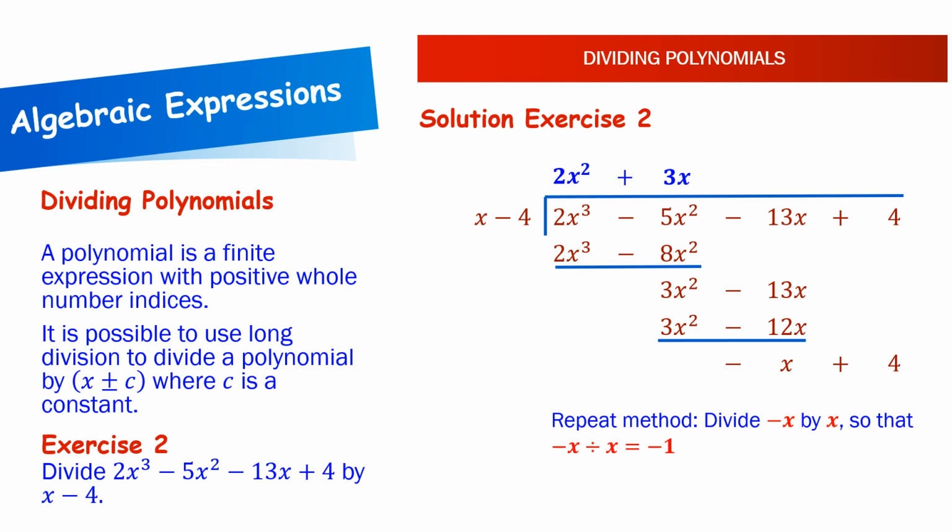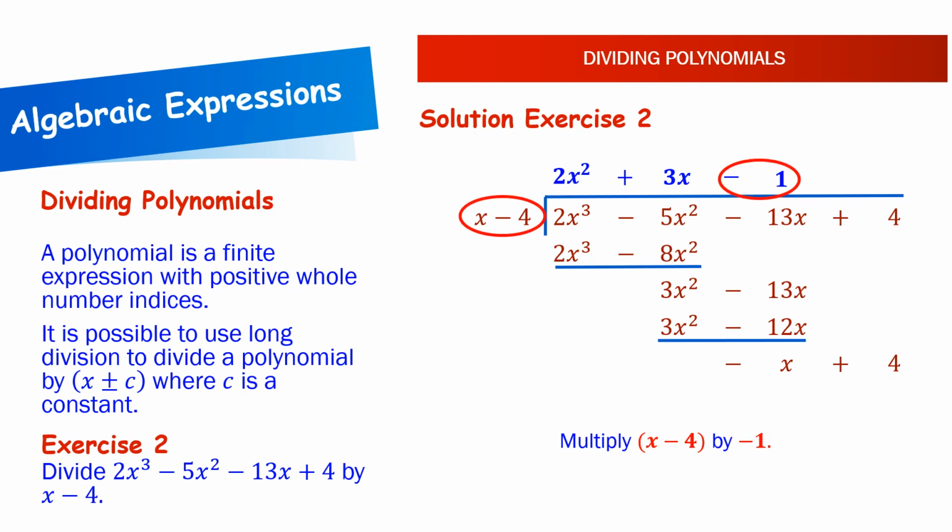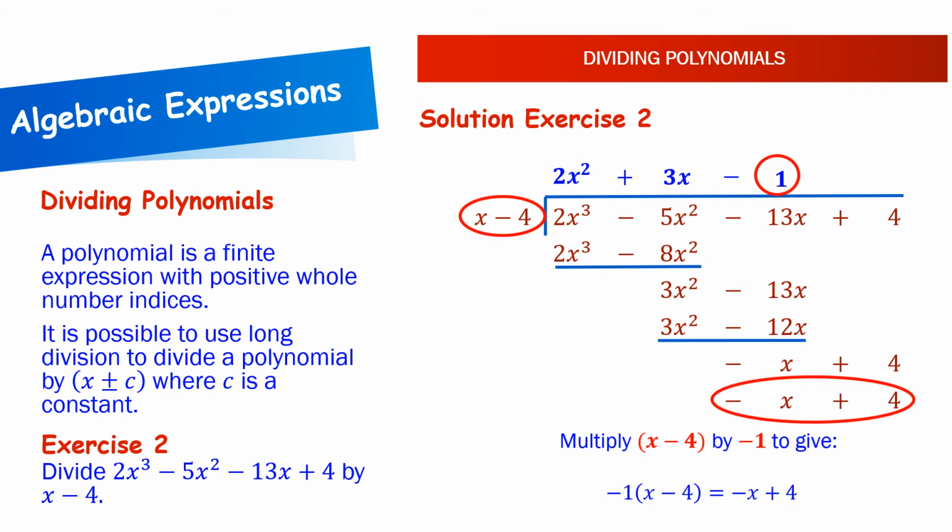And repeat the method. Divide minus x by x, so that minus x divided by x equals minus 1. Position the minus 1 here, and then multiply by x minus 4, to give minus x plus 4.